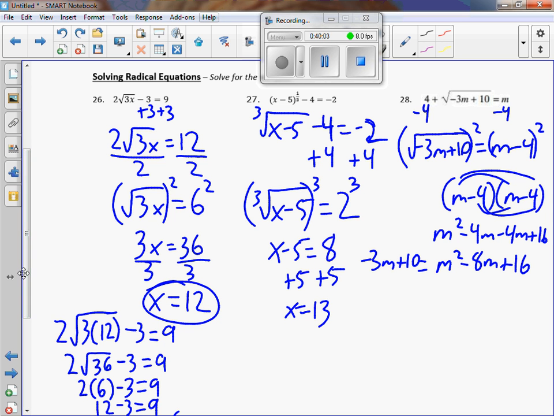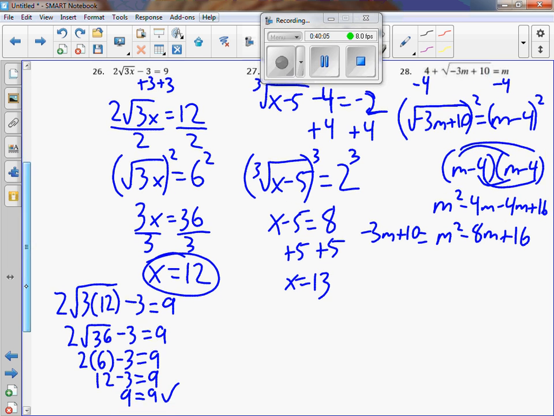Just like any other problem we've done this year, if we see x squared at this point, the rules change. Instead of just simply solving for x, we're going to have to move everything over to that one side. We get 0 equals m squared minus 5m plus 6.